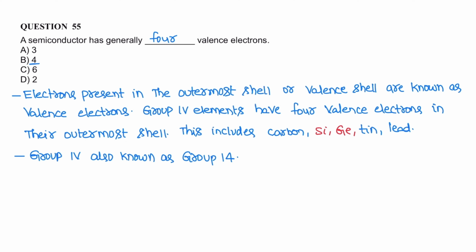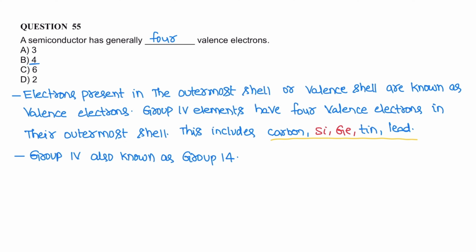This includes carbon, silicon, germanium, tin, lead. From these, silicon and germanium are semiconductors. So these semiconductors have 4 electrons in their valency shell. Group 4 in Roman numerals is the same as group 14.